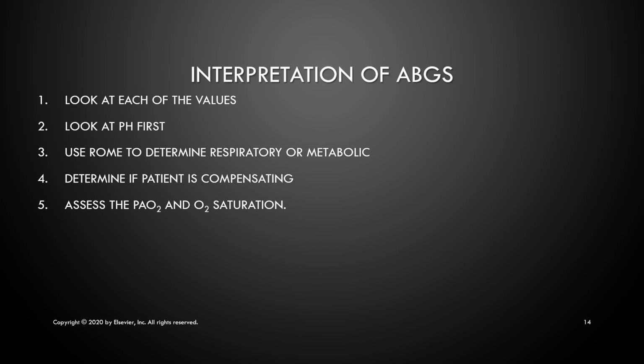So if our respiratory system is not working correctly, our renal, our metabolic system is going to try to kick in, and it's going to try to compensate for the imbalance to get that pH back into balance between 7.35 and 7.45. And so we can see how well the body is compensating when we look at our ABGs.